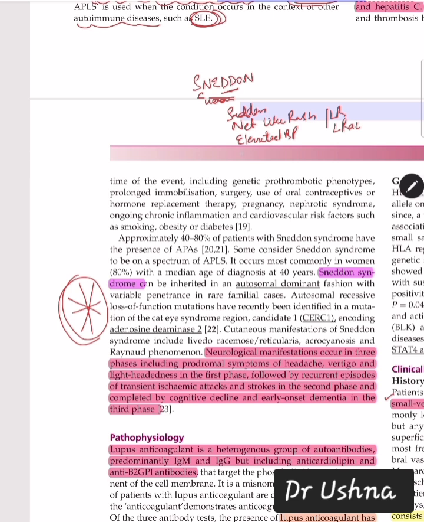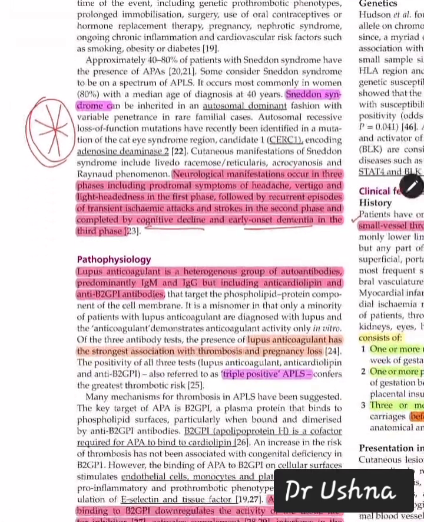D is for histopathological changes, dermal arterioles showing an arteritis. Then N for neurological problems in the form of seizures or cognitive decline. And in late onset, there is dementia also.